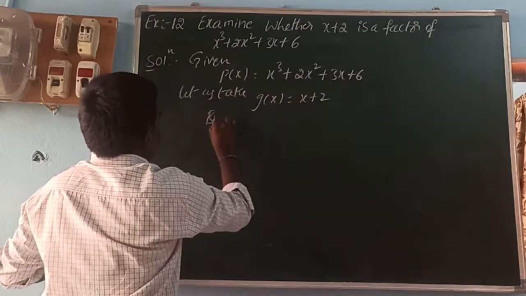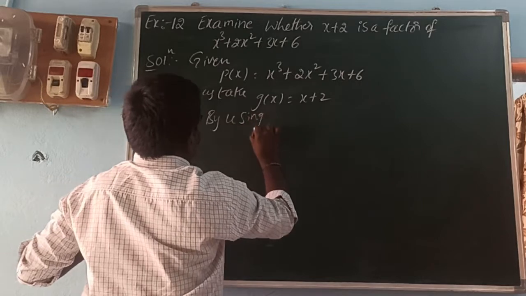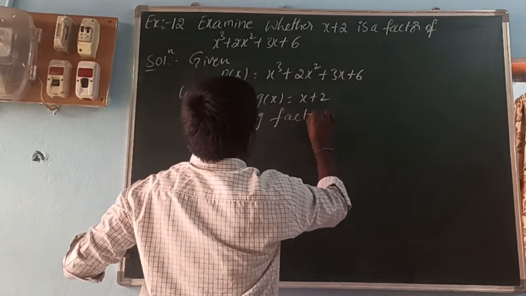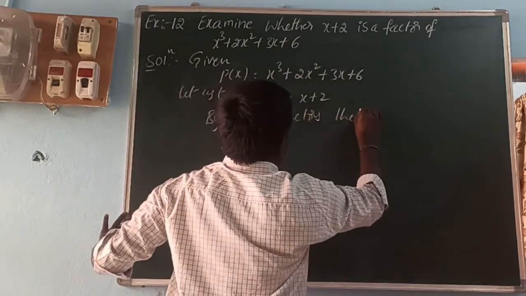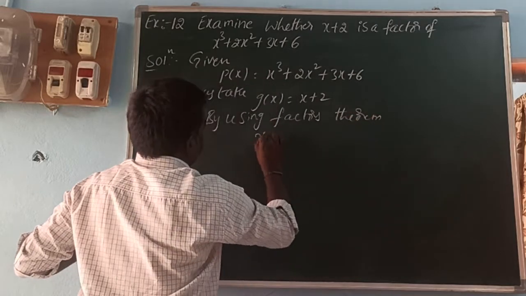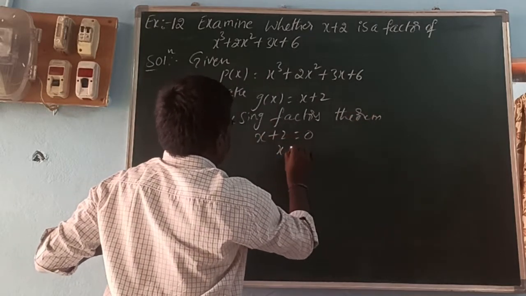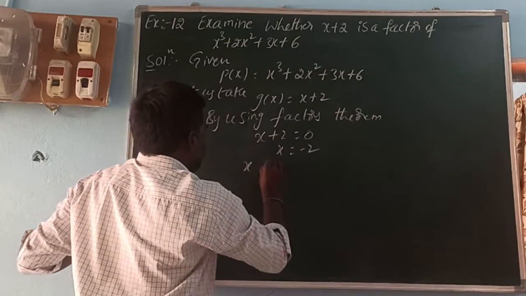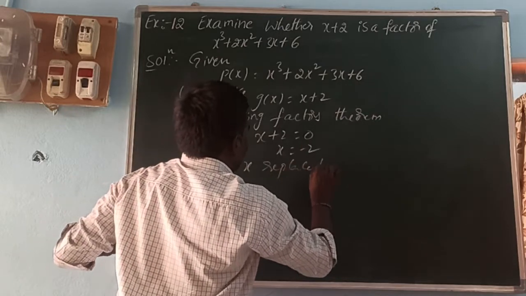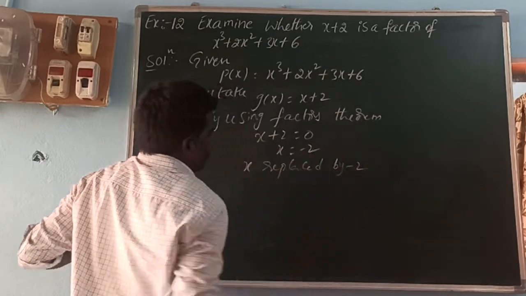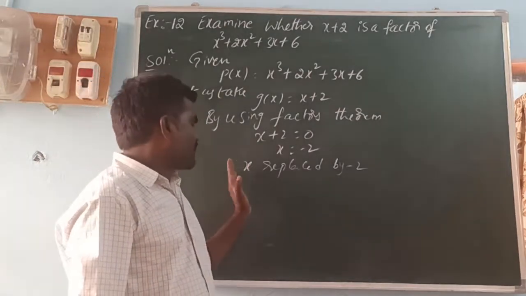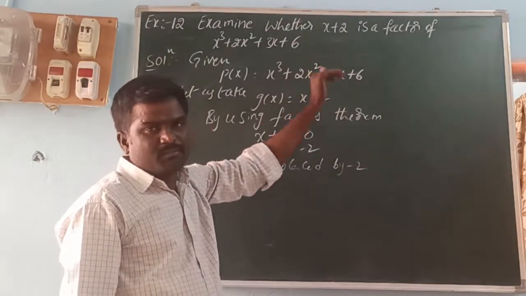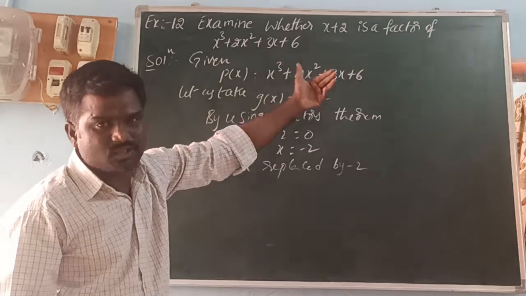So by using the factor theorem, x plus 2 is equal to 0, x is equal to minus 2. So here x is replaced by minus 2. When you substitute minus 2 in place of x in this polynomial, if it becomes 0, then it is a factor. Otherwise it is not a factor.